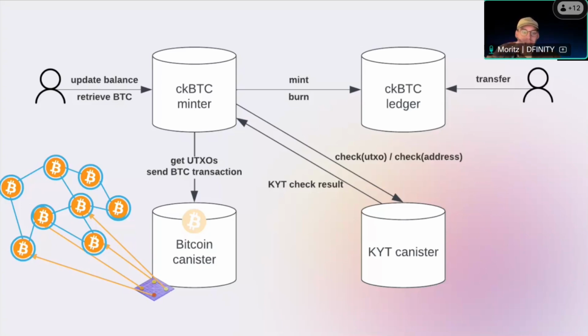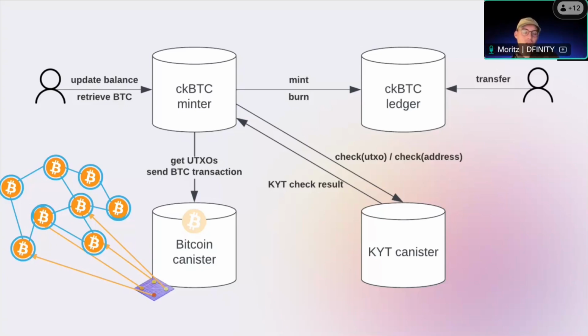And as I said, it's easier to integrate. You're not using those low-level Bitcoin APIs, but you can, in your dApp, simply access the ckBTC ledger like any other ICRC-1 ledger on the Internet Computer. ICRC-1 is basically the equivalent of ERC-20.